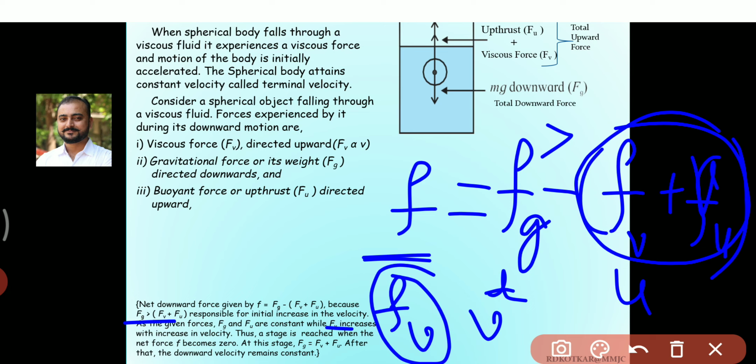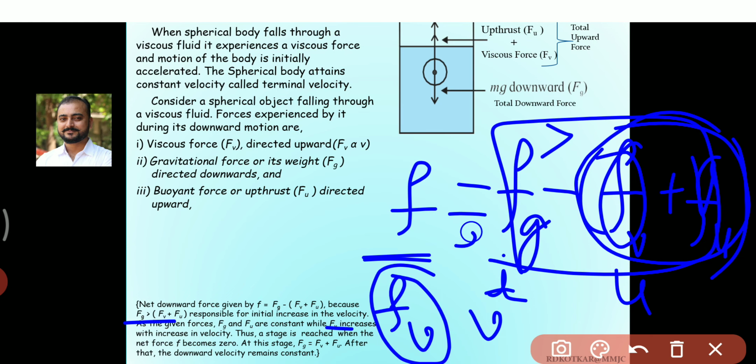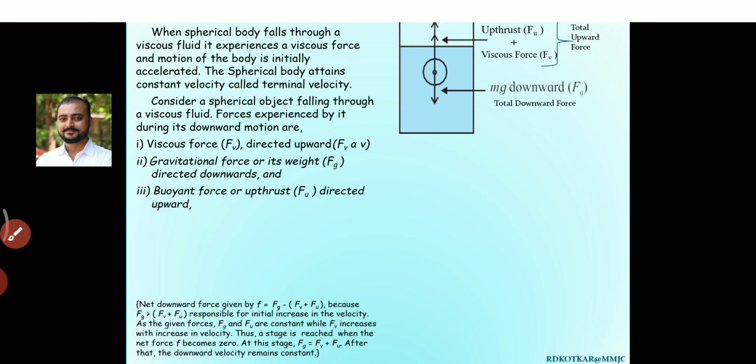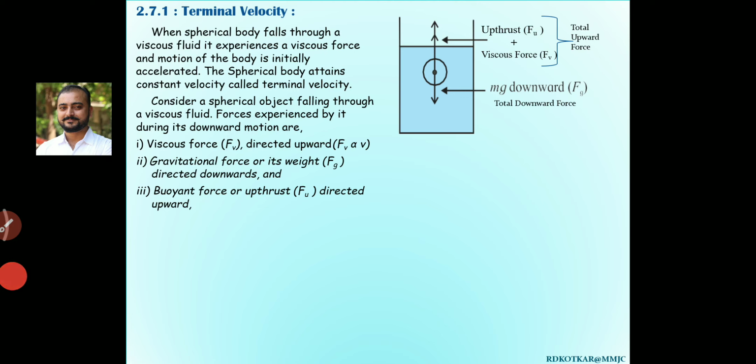Thus both become equal, meaning the difference between both becomes 0. In short, Fg equals Fv plus Fu, and then the body attains constant velocity. There is an equilibrium between the upward force and the downward force, and that's why the body attains constant velocity.